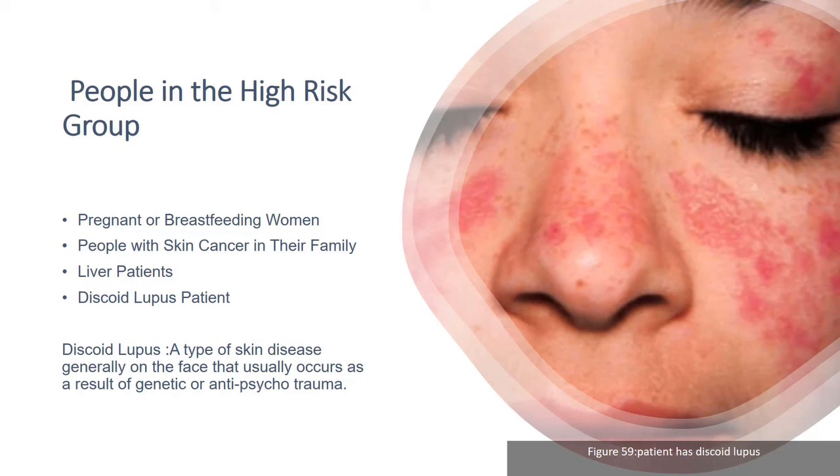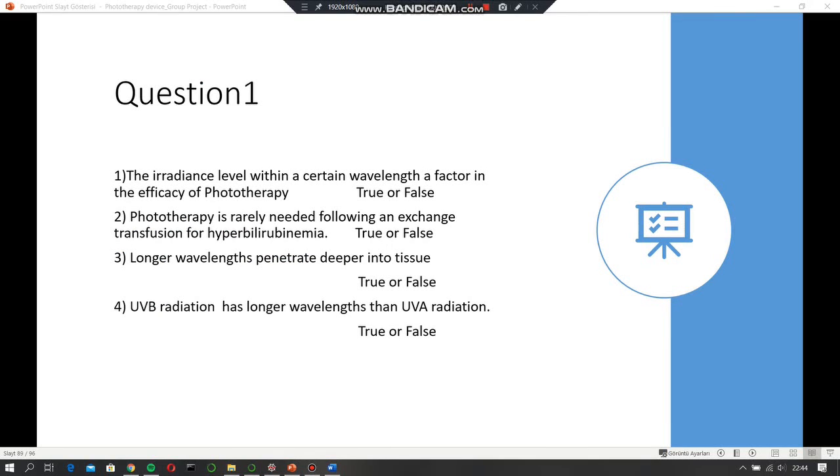People in the high-risk group: pregnant or breastfeeding women, people with skin cancer in their family, liver patients, discoid lupus patients. Let me explain discoid lupus. A type of skin disease, generally on the face, that usually occurs as a result of genetic or antipsychotic trauma.